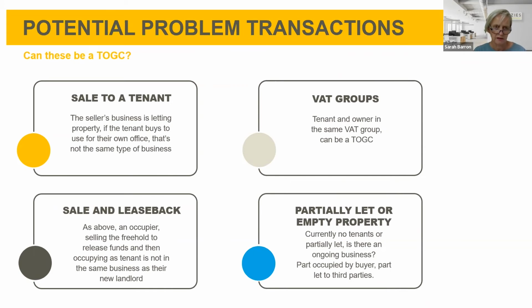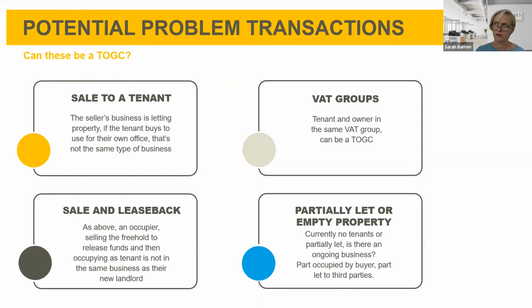The one thing that is most likely to make a TOGC fall down with a property transaction is that it's not the same kind of business. So looking at the examples on the screen, the most likely one, the one that we come across most frequently, is the sale of the property.